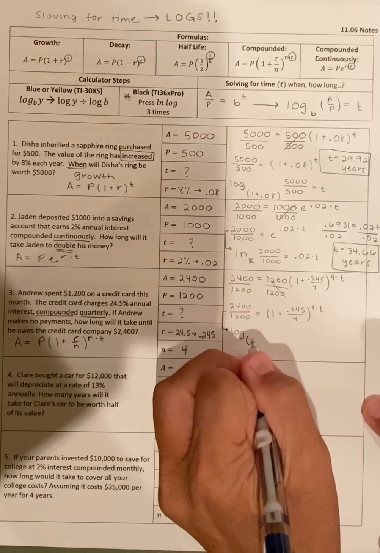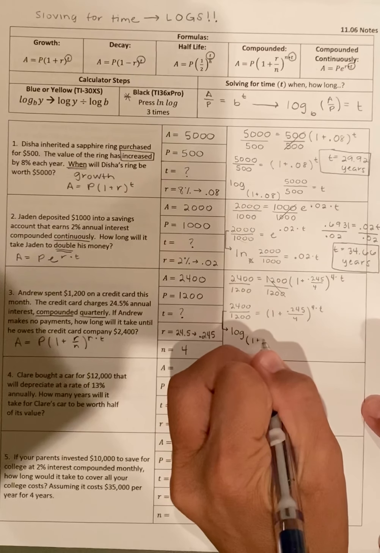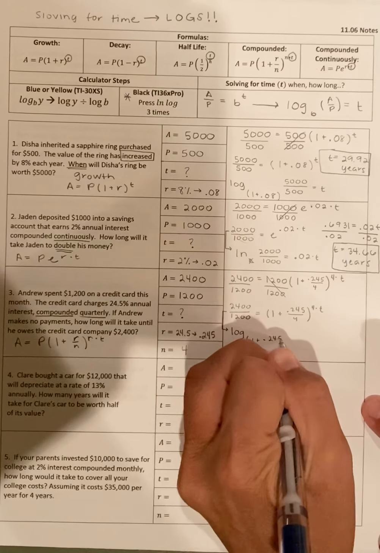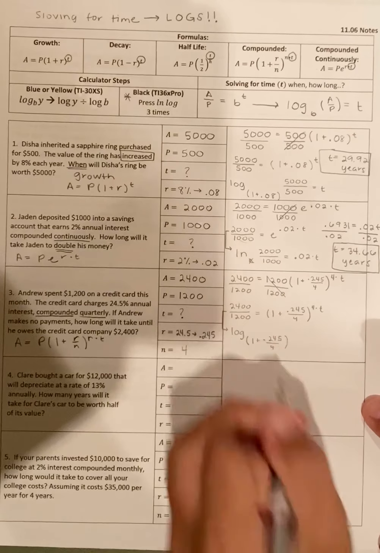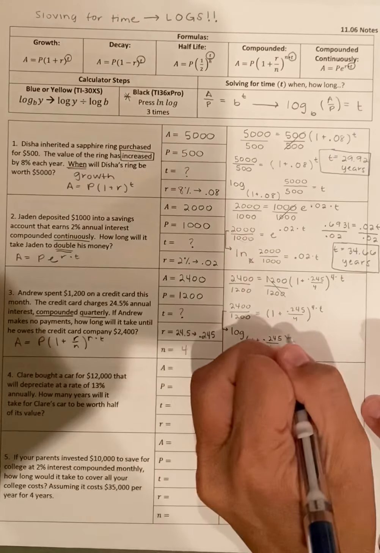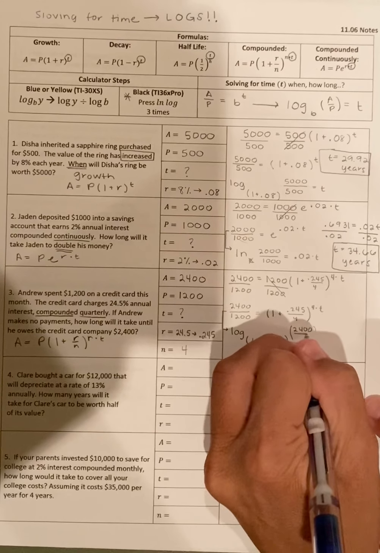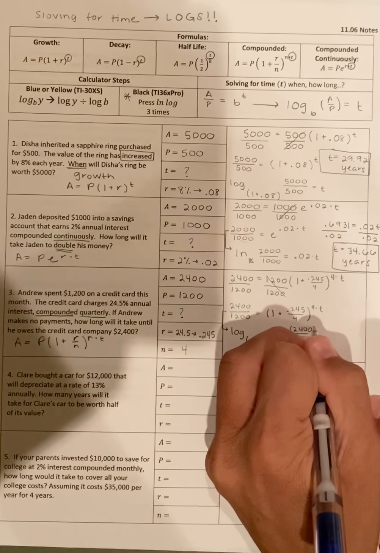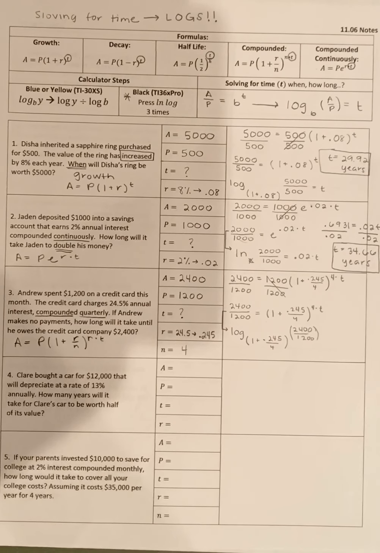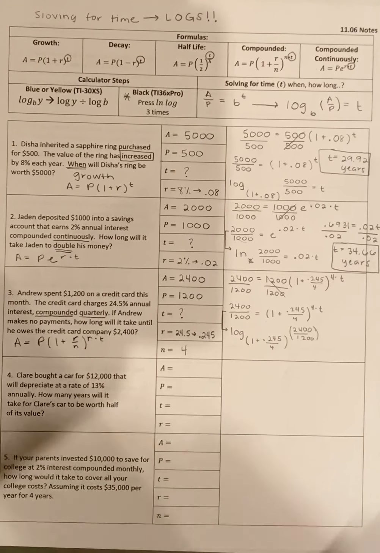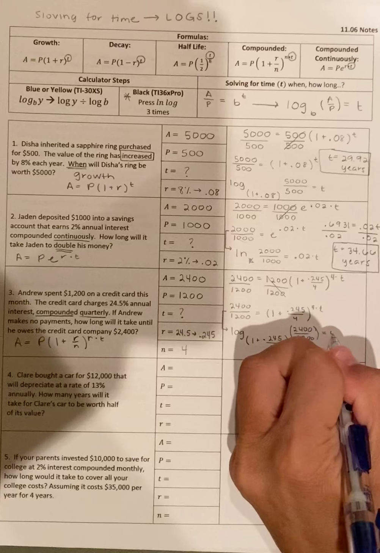The base is this huge thing, 1 plus 0.245 over 4. So that's my base. The argument is 2400 over 1200, or just 2. The only reason I keep it like this is because most of the time it's not going to simplify to just a whole number. So I don't want you to have to round, because then your answer becomes a little bit off. And that equals 4 times T.